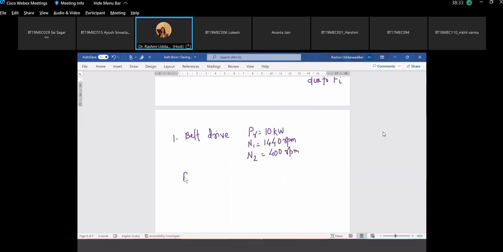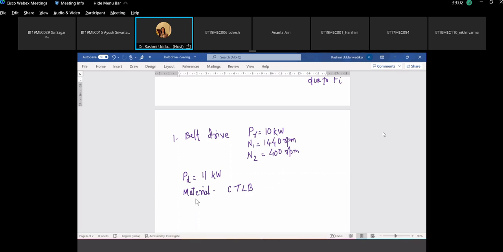What was the design power for this rated power? 11 kilowatt. We use the service factor as 1.1. What was the material that we selected? Chrome tanned leather belt. CTLB is the one that we selected.